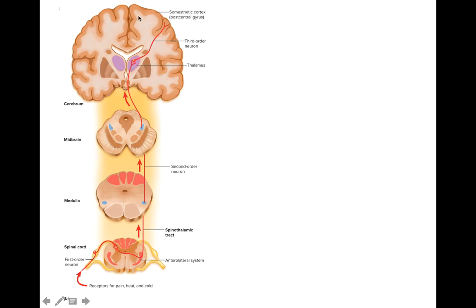Now, there is a map of your body on this cortex. The thalamus is going to take this information and go, okay, this came from the hand, and it's going to route it into a neuron that directs it to hand. Location is everything here. There is nothing random about it.